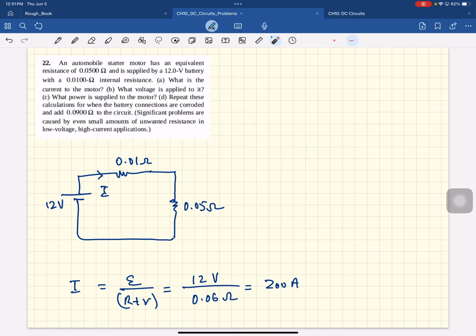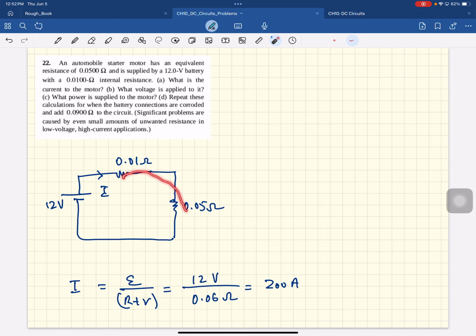Now here's the deal. Oftentimes your terminals can get corroded, and that adds resistance to this. Okay, you get loose contact and stuff like that. If that adds resistance, let's say that became 0.05 ohms.